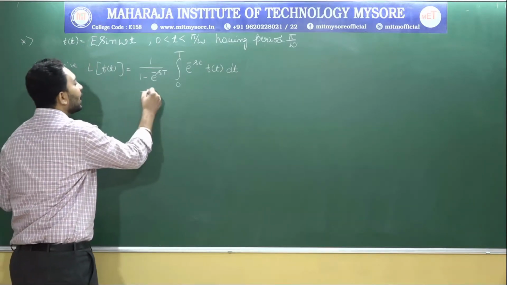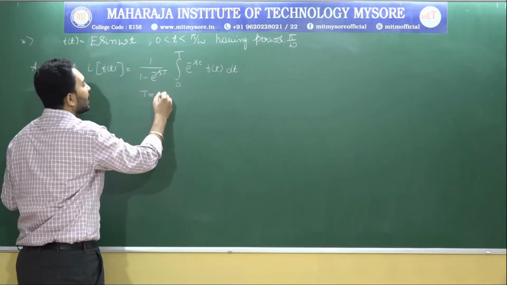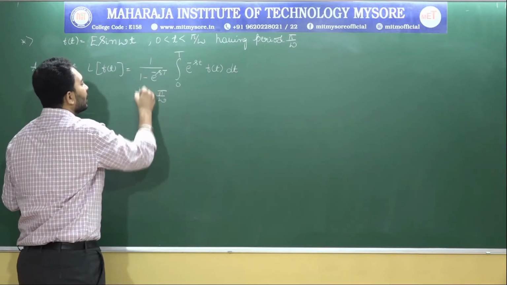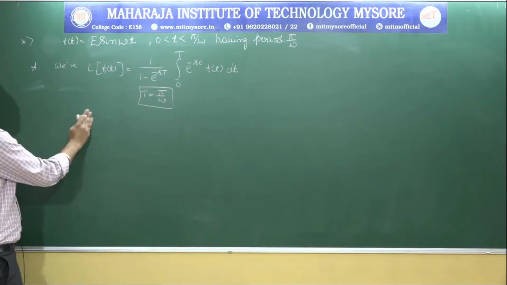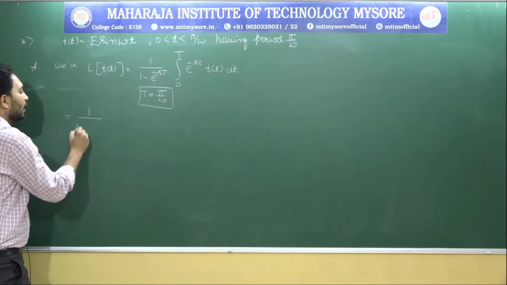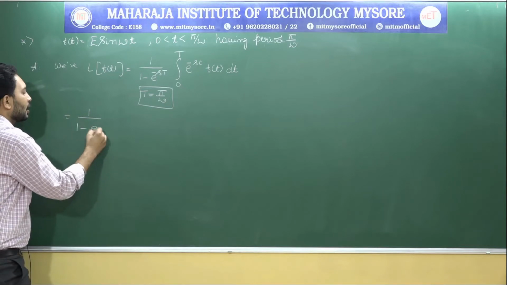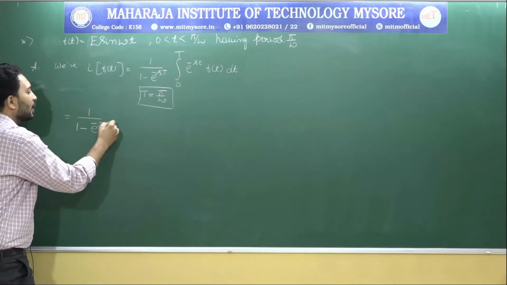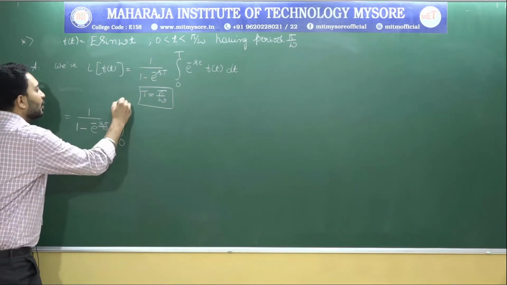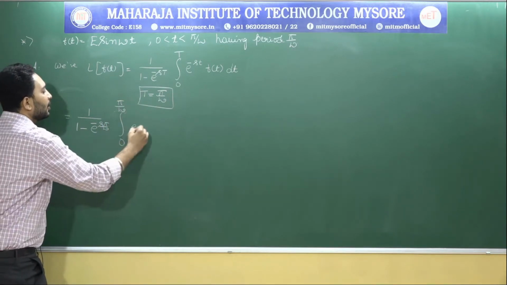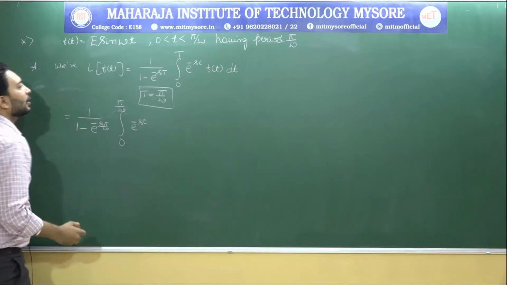So what is capital T now? They have given the period as pi by omega. It is our capital T now. So substitute those values. We'll get 1 over 1 minus e power minus s into pi by omega, limit from 0 to pi by omega e power minus st into f of t.